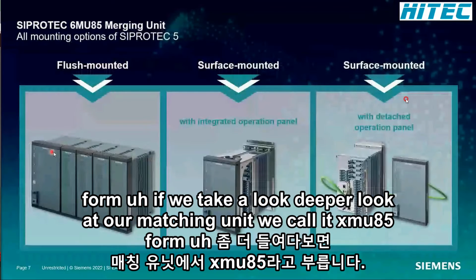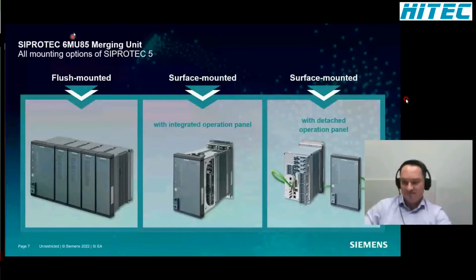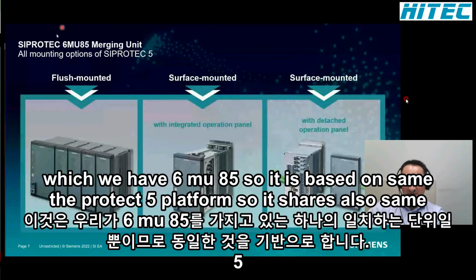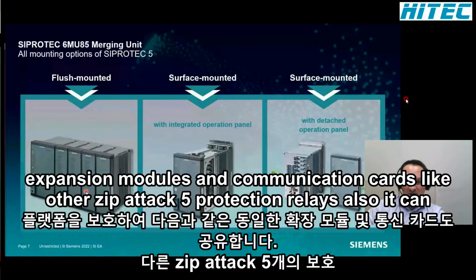If we take a deeper look at our merging unit, we call it 6MU85. So we have one merging unit which fits for all applications. So this is the only merging unit which we have, 6MU85. It is based on the same Cyprotec 5 platform, so it shares also the same expansion modules and communication cards like other Cyprotec 5 protection relays.